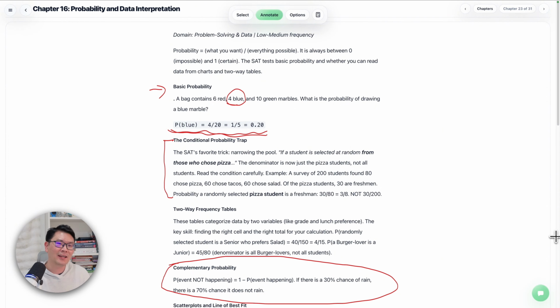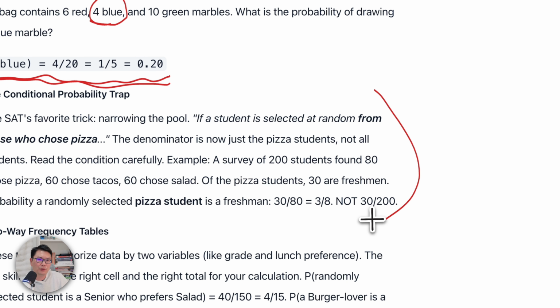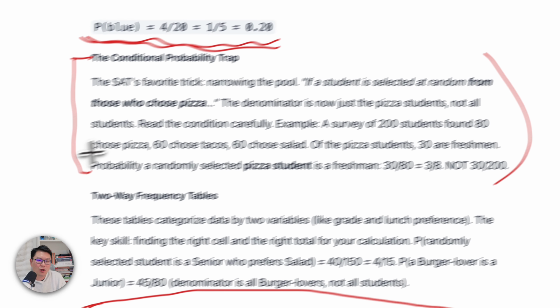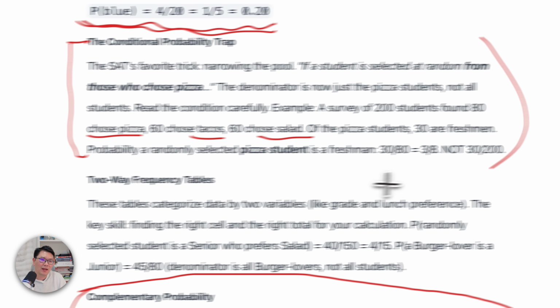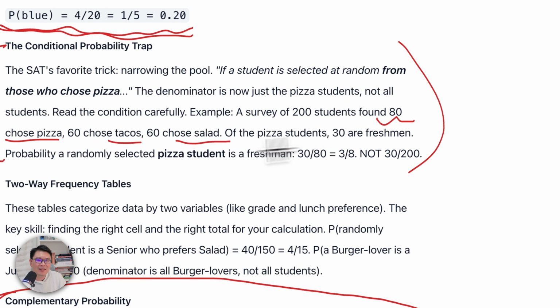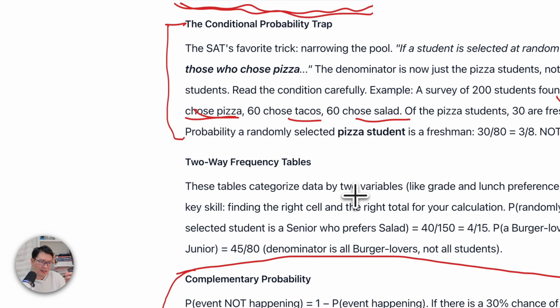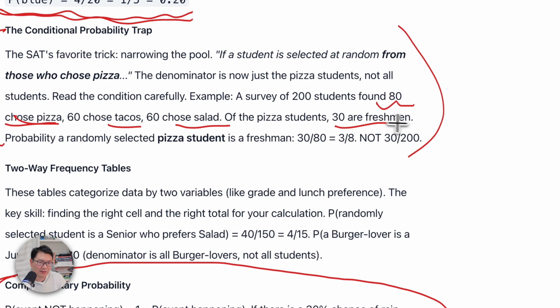It won't change anything. So that's going to be the same thing if you say that you have 200 students and some students chose pizza, some students chose tacos, and some students chose salad. And then among the 80 students who chose pizza, so that's your bag, the 80 students, there are 30 freshmen.